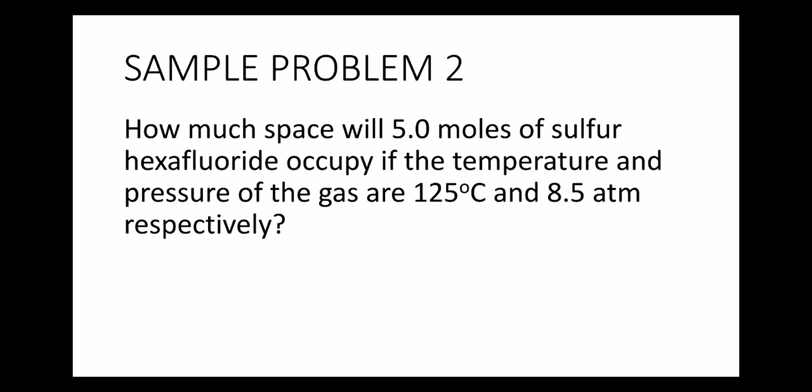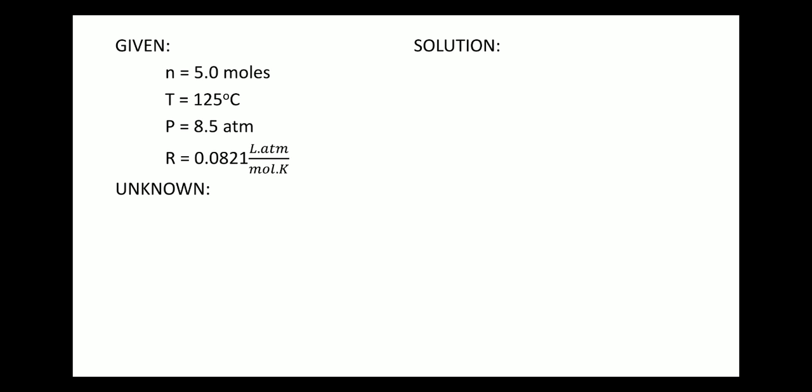Next problem. How much space will 5 moles of sulfur hexafluoride occupy if the temperature and pressure of the gas are 125 degrees Celsius and 8.5 atmosphere respectively? So write the given: n is 5 moles, T is 125 degrees Celsius, pressure is 8.5, and R is 0.0821 liter atm over mole Kelvin. The unknown is the volume. Converting temperature to Kelvin, 273.15 plus 125 is equal to 398.15 Kelvin.